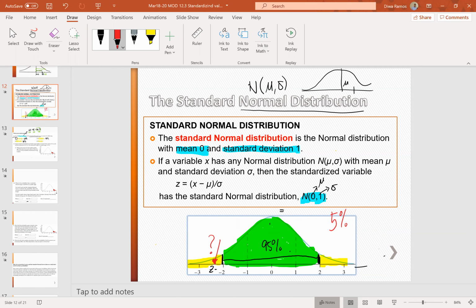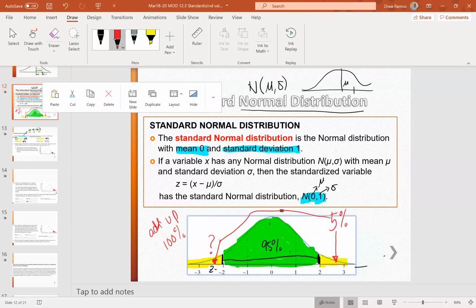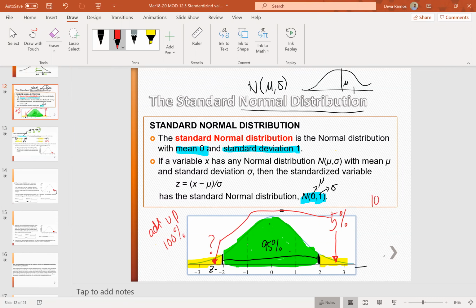There is a 5% left over that needs to be shared by the two tails, because a probability distribution, a normal distribution, always adds up to 100%. So that is 2.5%. Very good. To get that 2.5, you take 100 minus 95 and then divide it by 2.